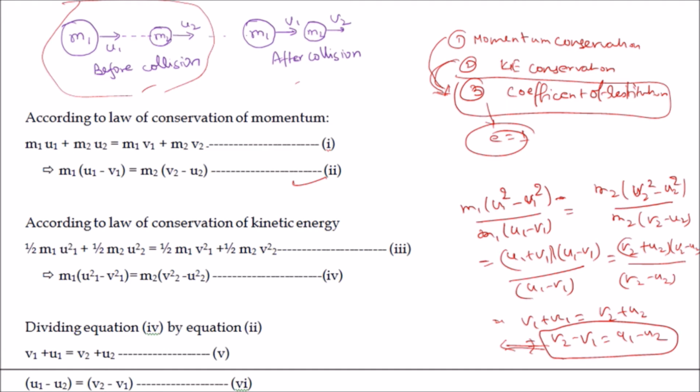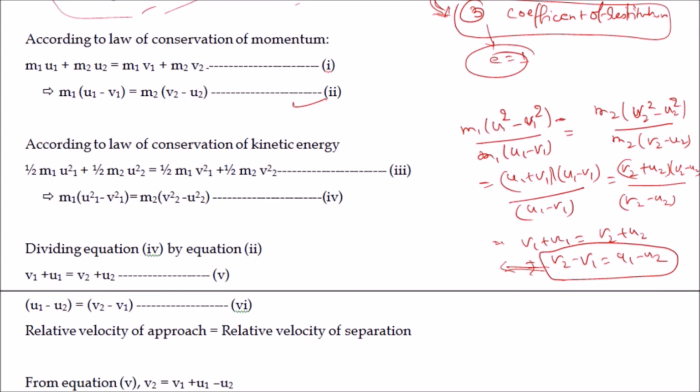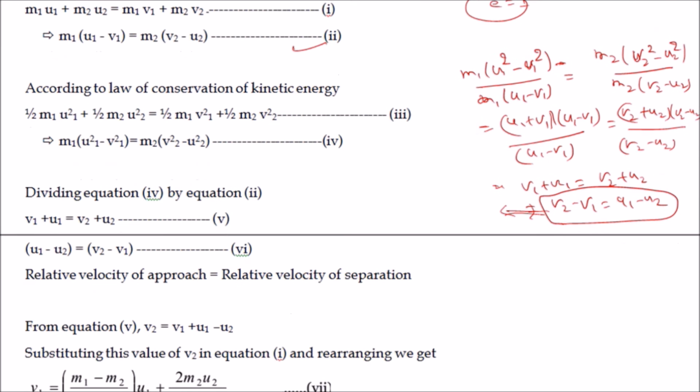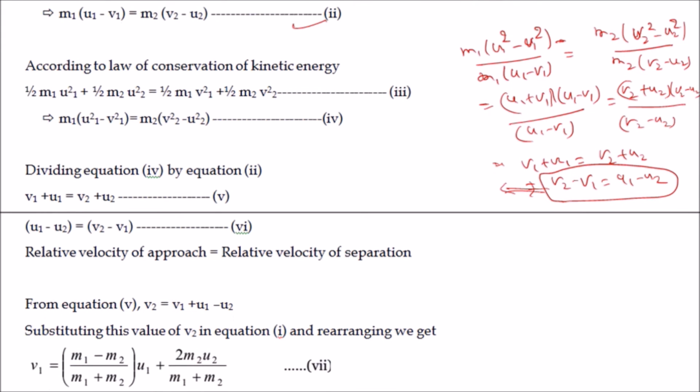From there we can write that the relative velocity of approach is equal to the relative velocity of separation. And from this sixth equation which we have derived, v2 is equal to v1 plus u1 minus u2.